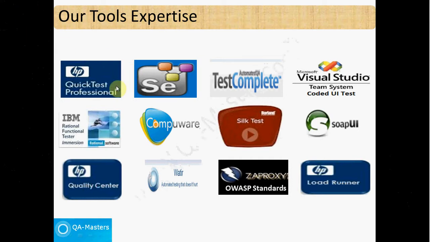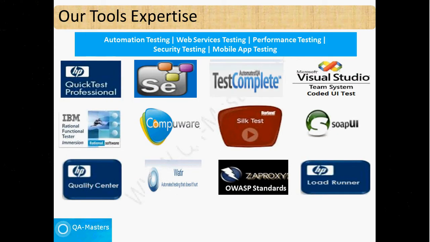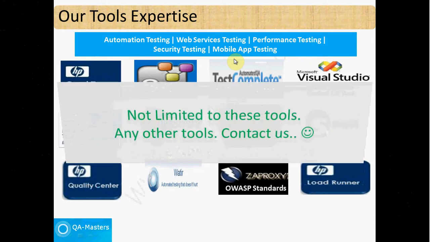We have expertise in commercial tools like QuickTest Professional, TestComplete, Coded UI, IBM RFT, Compuware, Silk Test, and open source tools like Selenium, web services tools like SoapUI, test management tools like HP Quality Center, security tools like Jowl Proxy, and performance tools like LoadRunner. But this list is not limited. We have expertise in automation testing, web services, performance, security, and mobile app testing. Not limited to these tools, any other tools, contact us.